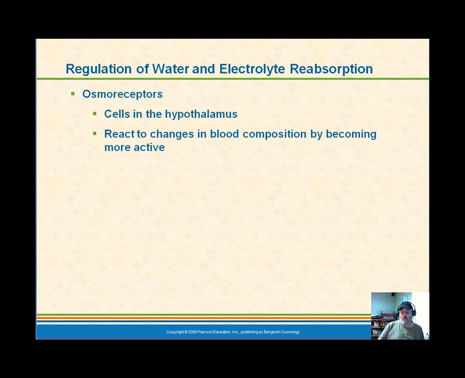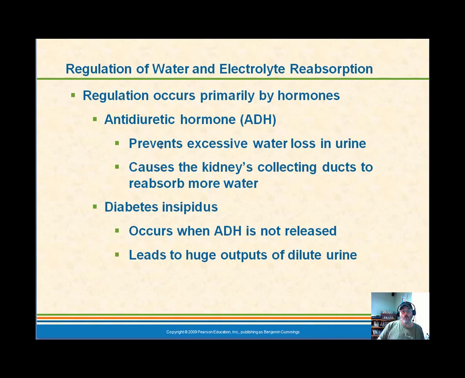And then the hypothalamus releases various hormones, particularly one called antidiuretic hormone, which prevents water loss in urine. In fact, most of the hormones that we have actually prevent water loss rather than support water loss.